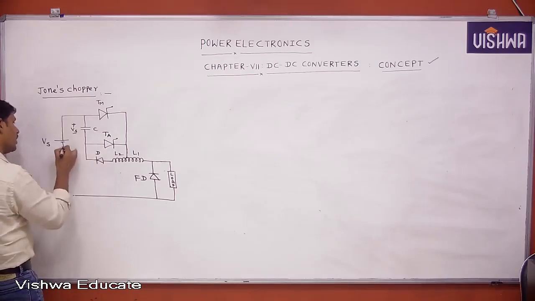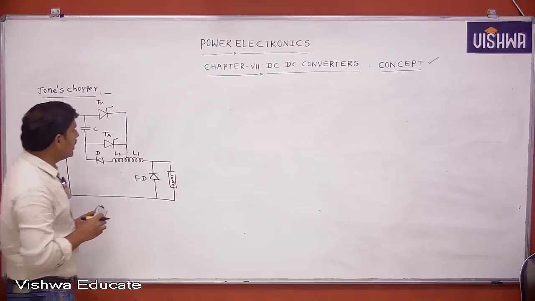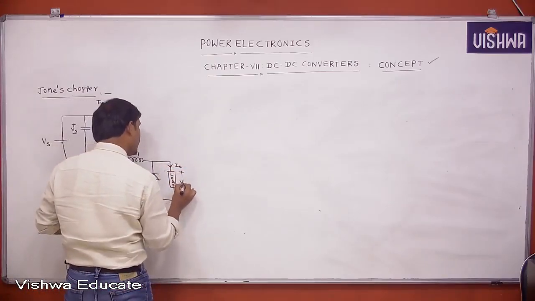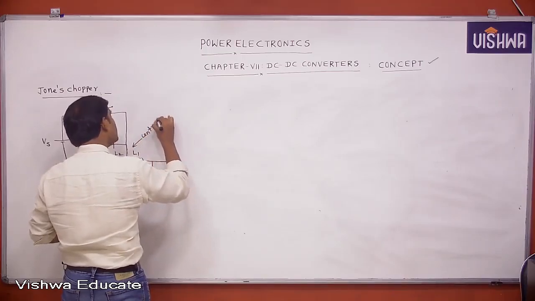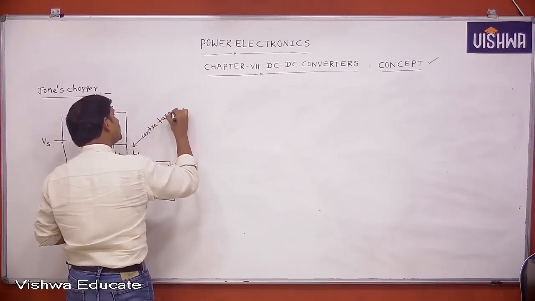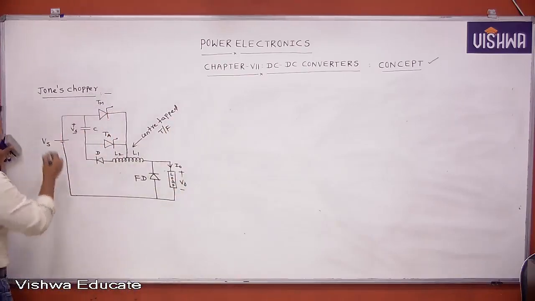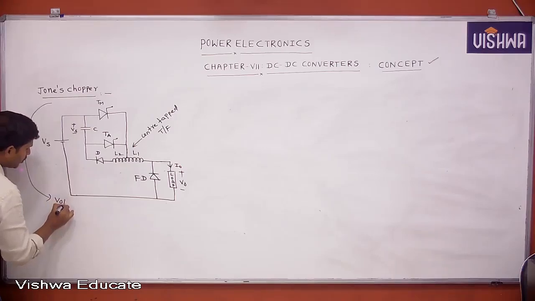This chopper is called the Jones chopper. It is similar to the voltage commutated chopper, but instead of an inductor we are using a center tap transformer. Generally, voltage commutation is used.